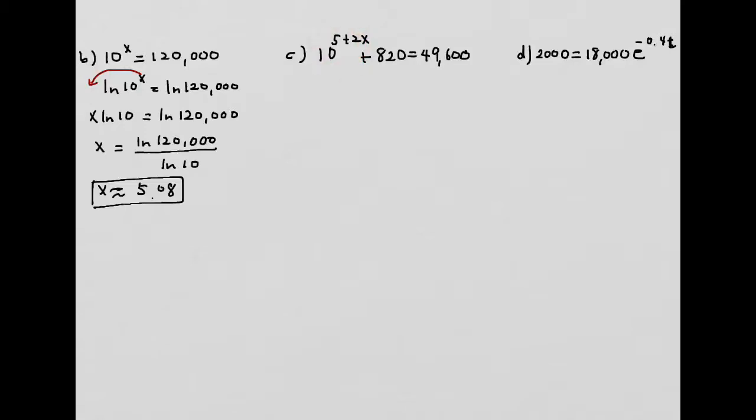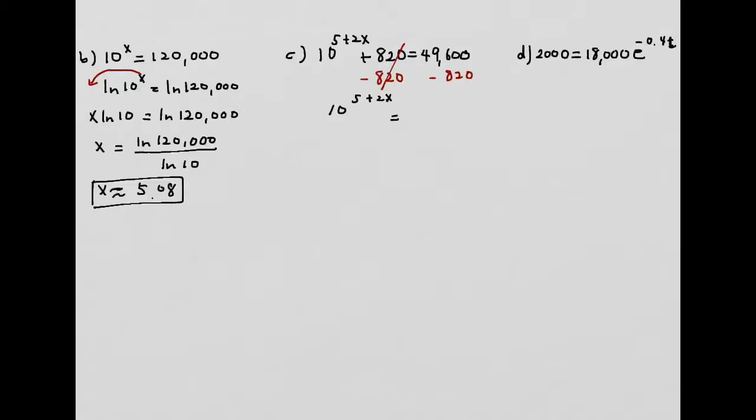So I will subtract 820 from both sides. Then I will have 10 to the 5 plus 2x on one side.